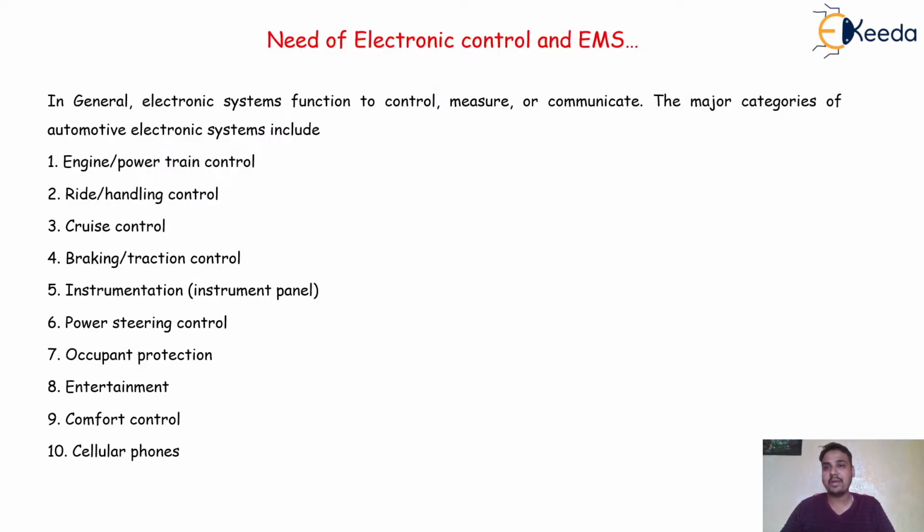When we talk about the need for this electronic control and the EMS, in general the electronic systems function to control, measure or communicate the major categories of automotive electronic systems, which include, first, engine or powertrain control; second, ride or handling control; third, cruise control; fourth, braking or traction control; fifth, instrumentation, that is the instrument panel, with the help of which different indicators will be there; then power steering control, occupant protection, entertainment, comfort control, and cellular phones.